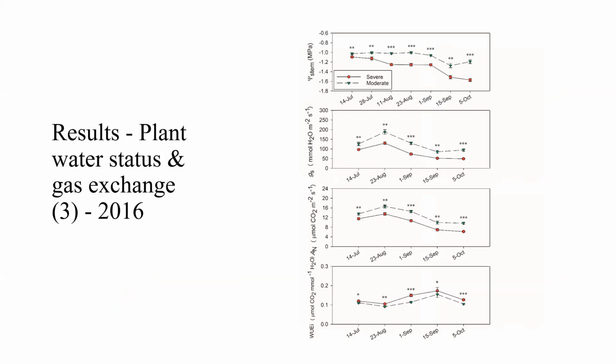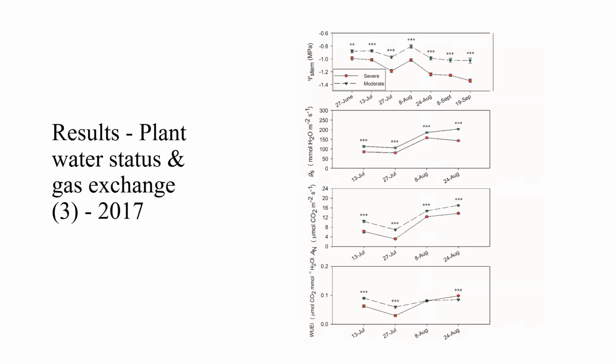We can see that in 2016, the moderate water stress zone consistently had higher stem water potential, stomatal conductance, and net carbon accumulation than the severely water stress zone. And for intrinsic water use efficiency, it was lower in the moderately water stress zone.